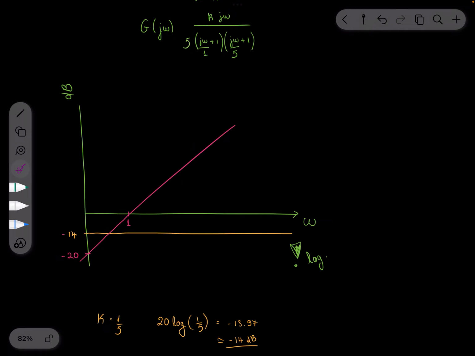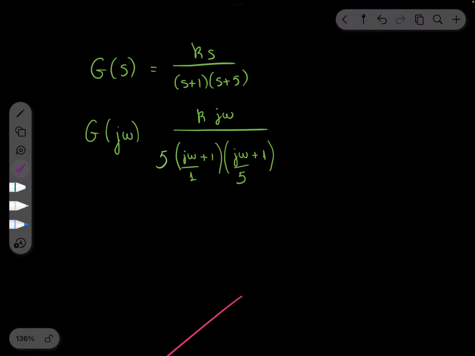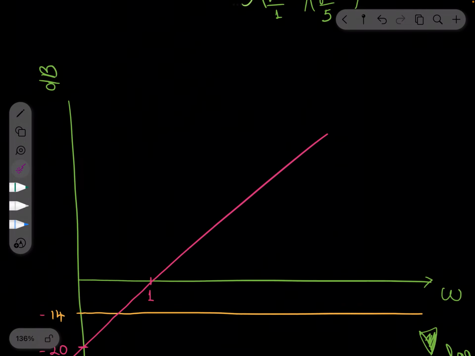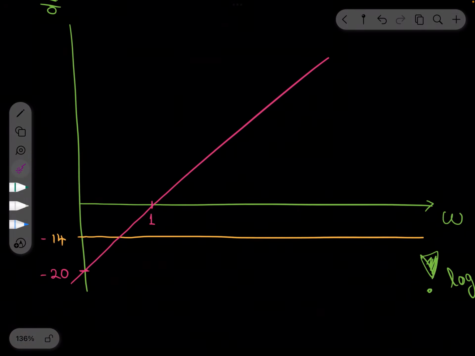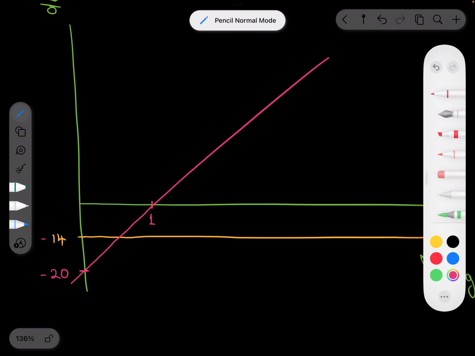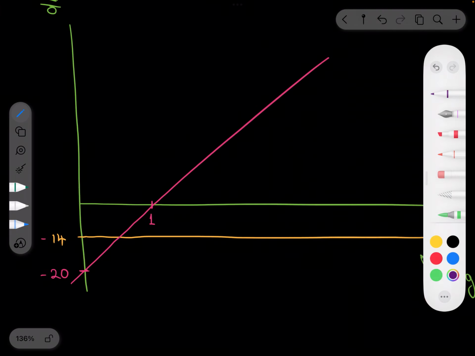Okay. What else is left? Just these two poles. Both of these poles, because they're inside the brackets, it's just useful to know that they're going to be starting at 0 on our magnitude plot. Okay, so at 0, they start at 0.